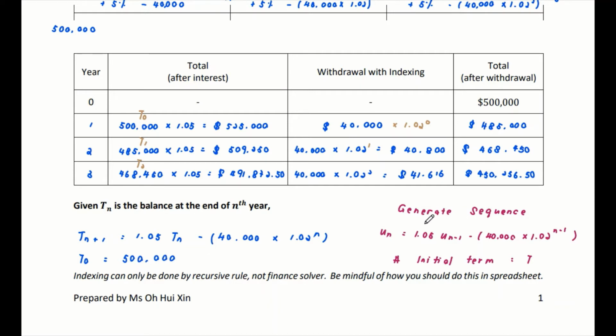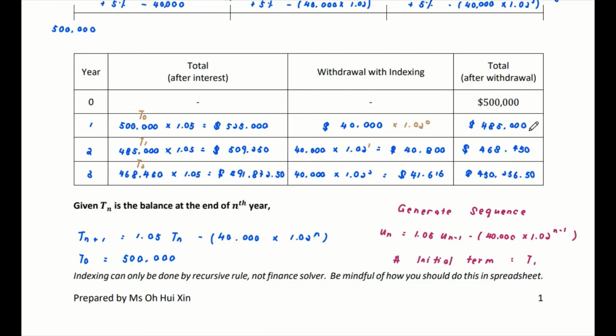But inside your generate sequence, how the calculator runs the sequence depends on your n as well. So if you put your T0, the n here will have some misalignment, and that's going to make your answer different. So for the initial term, you can only use T1. So instead of putting 500k as your initial term, it must be 485,000.